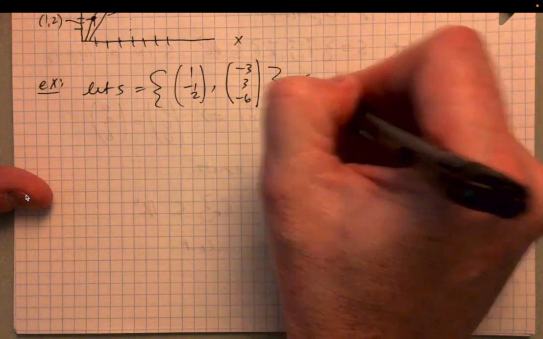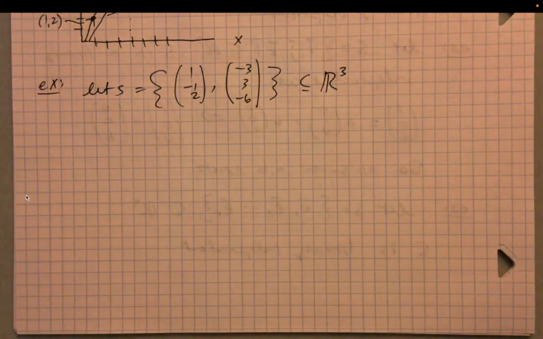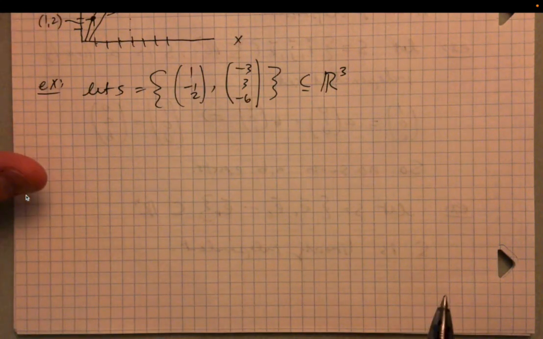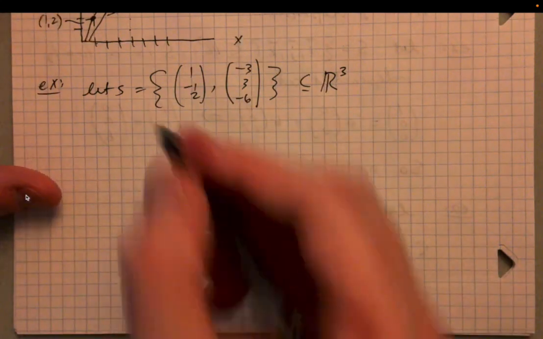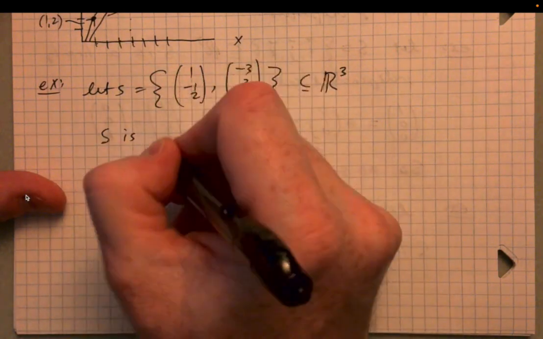So this is a subset of R3. Is this a linearly independent set or a linearly dependent set? Well, just a little bit of work will show you that this is linearly dependent.